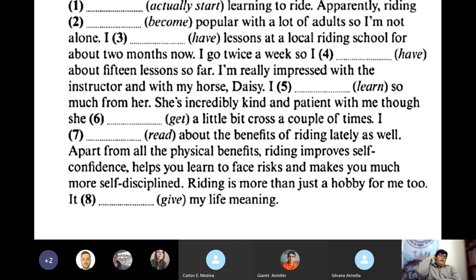Remember that the present perfect continuous puts emphasis on the duration. If I don't have the duration, it can't be present perfect continuous. So I have learned, learned with a T at the end. The participle form is irregular.